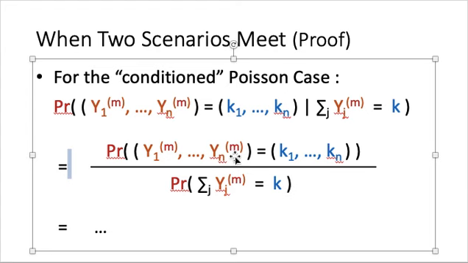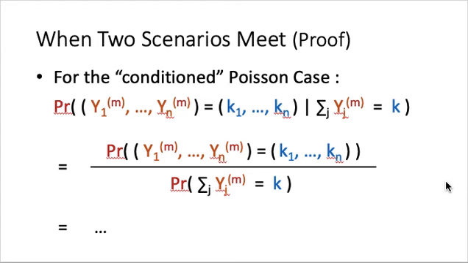Okay, now let us further simplify this fraction. Notice that for the bottom part, the summation of all the yj values is a summation of independent Poissons. It turns out that it is a Poisson. And for the first part, it is for independent Poissons to have the corresponding values of k1, k2, up to kn. So these two terms, the numerator and the denominator, can be easily calculated.